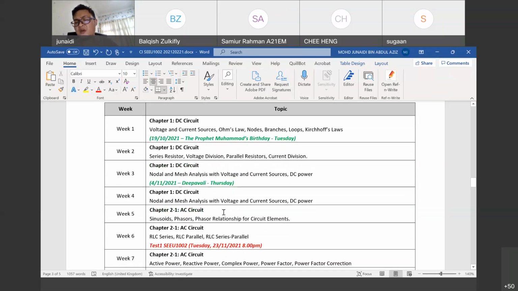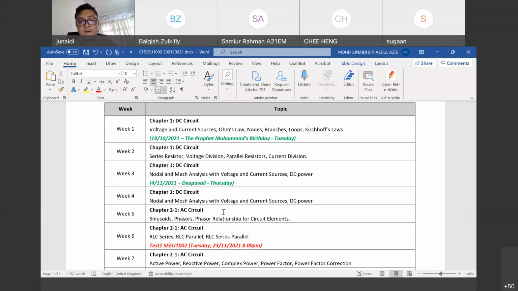This nodal and mesh is very, very fundamental and important. Basically, nodal and mesh analysis come from Kirchhoff's current law and Kirchhoff's voltage law. Benda yang sama je sebenarnya. They extend the Kirchhoff's laws, so they come out with nodal and mesh analysis. So what is nodal? What is mesh? We're going to find out.